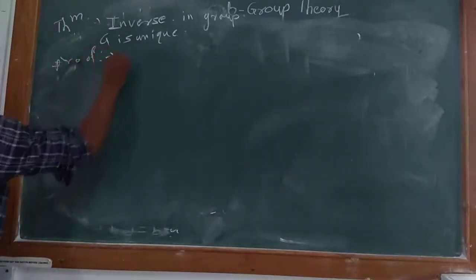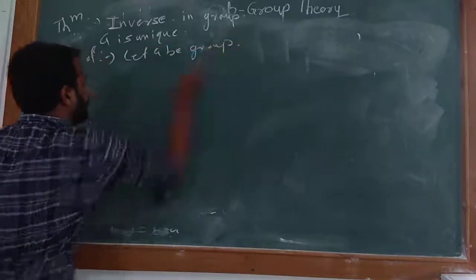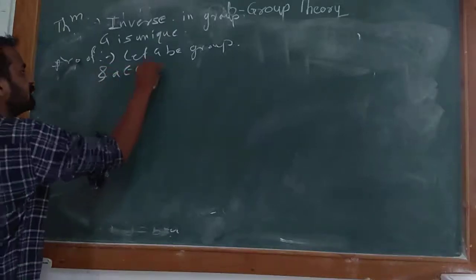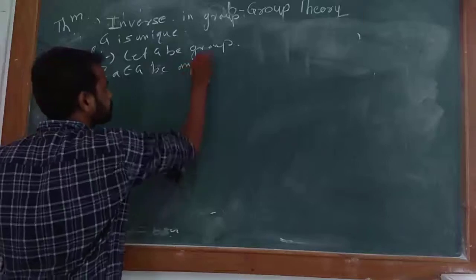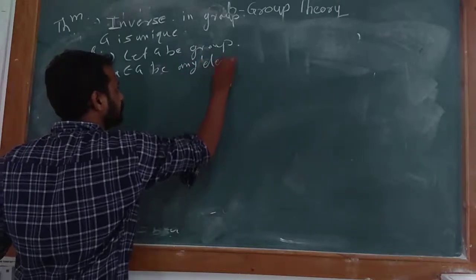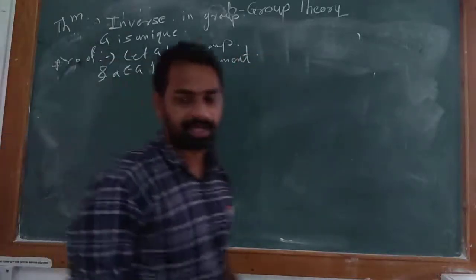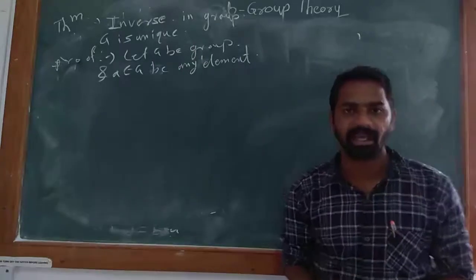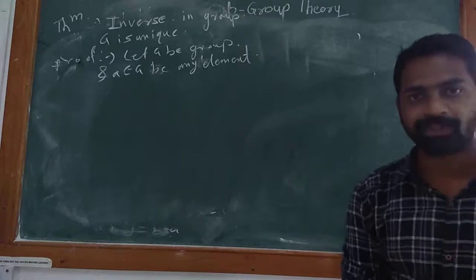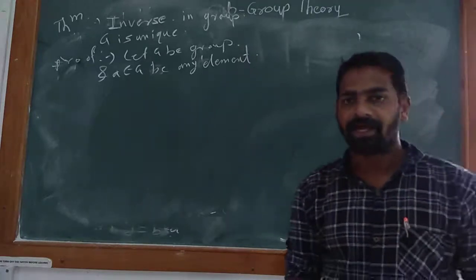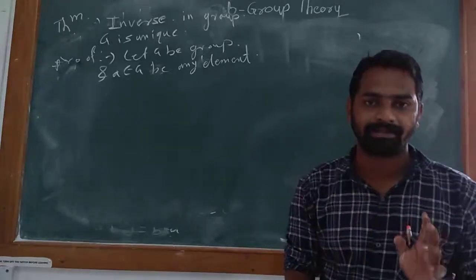Let G be a group and A belongs to G be any element. We have to show that this A has a unique inverse. For showing this, we take two inverses, A dash and A double dash, and we have to show that A dash is equal to A double dash.